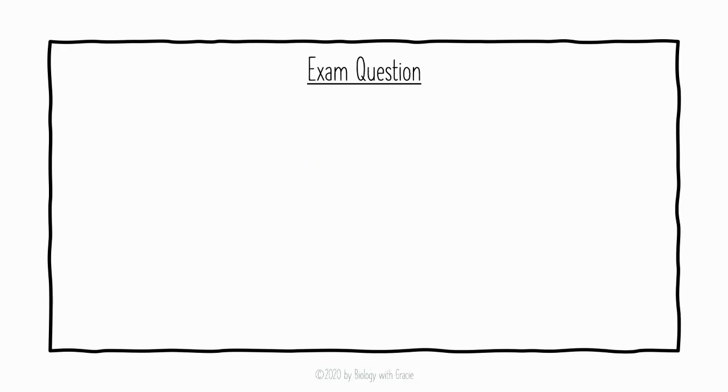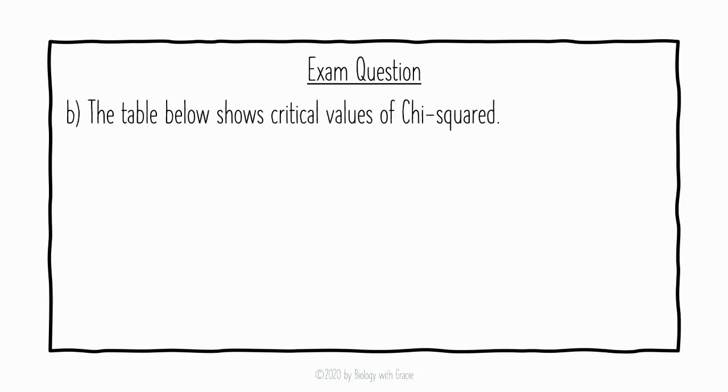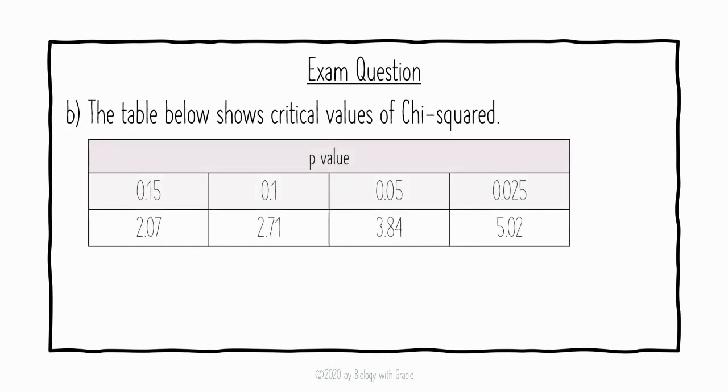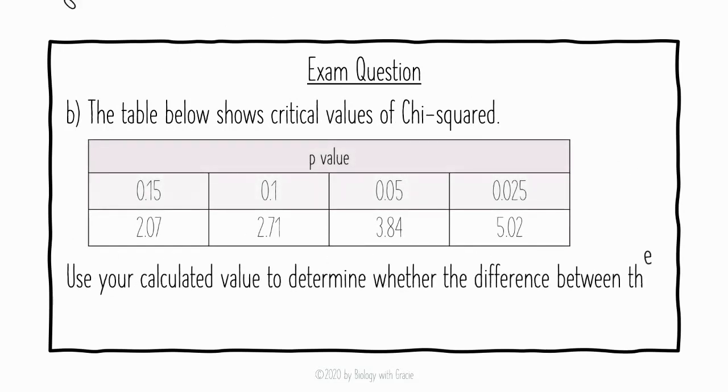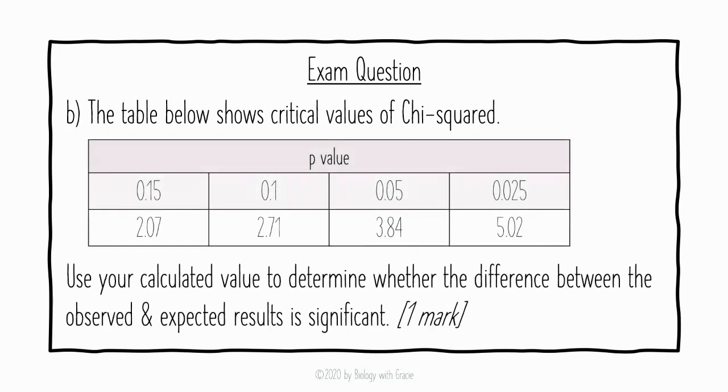So part B of this question: the table below shows critical values of chi squared. Use your calculated value to determine whether the difference between the observed and expected results is significant. In this table we have our probability value, and we have 0.15, 0.1, 0.05 and 0.025.